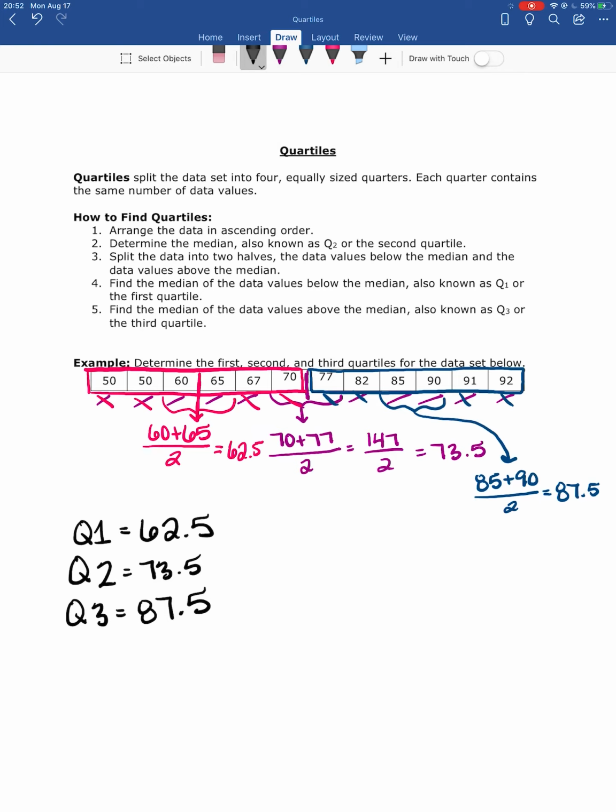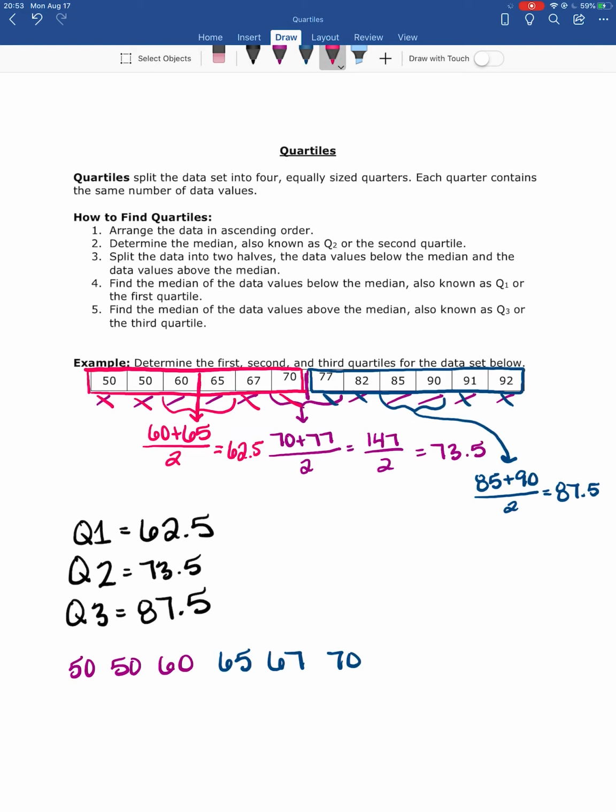And then by doing this, now I have split my data set into 4 equally sized quarters, or equally sized chunks. The first piece contains 50, 50, and 60. That's the first quarter. Then the second quarter is 65, 67, and 70.